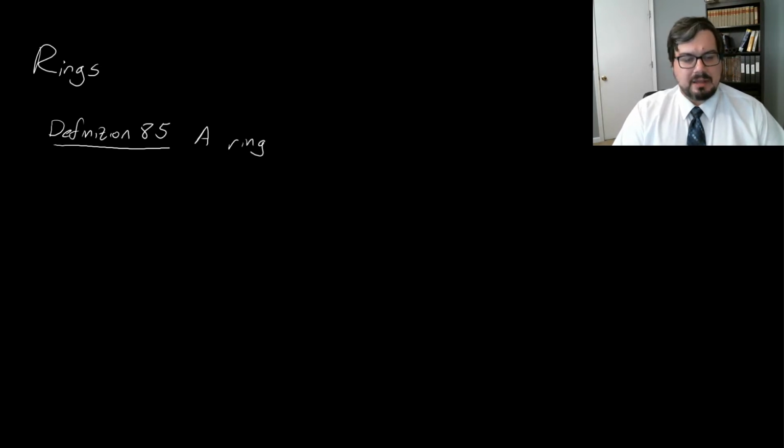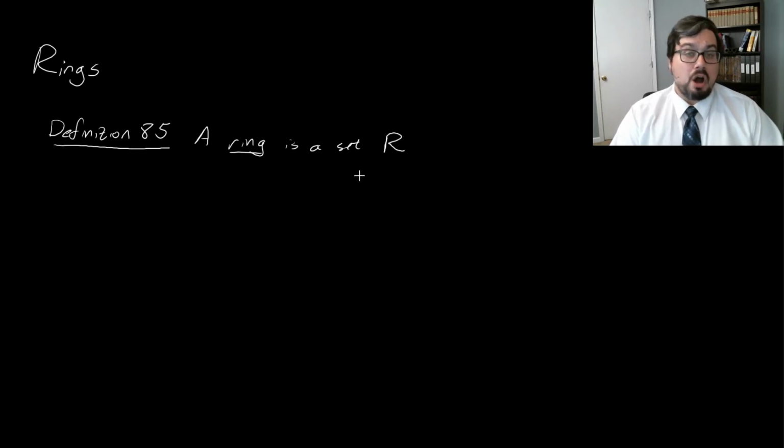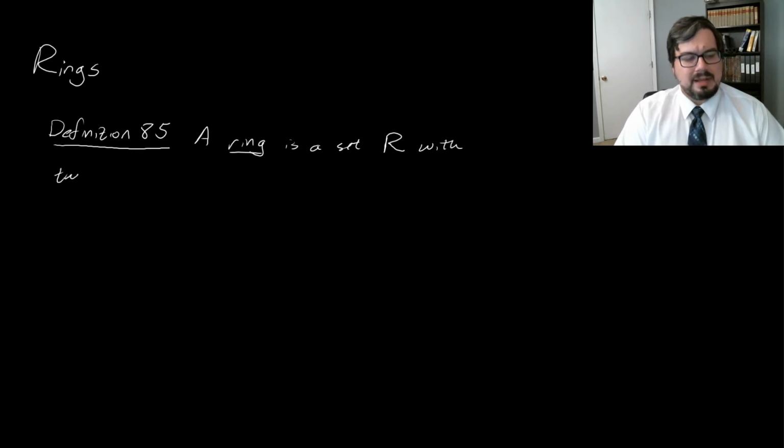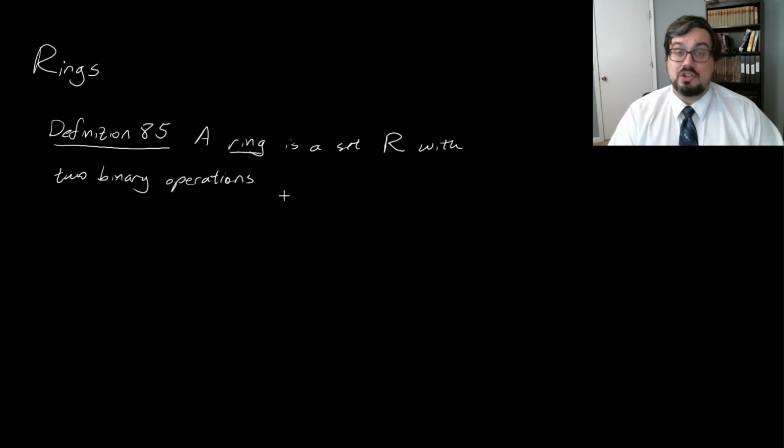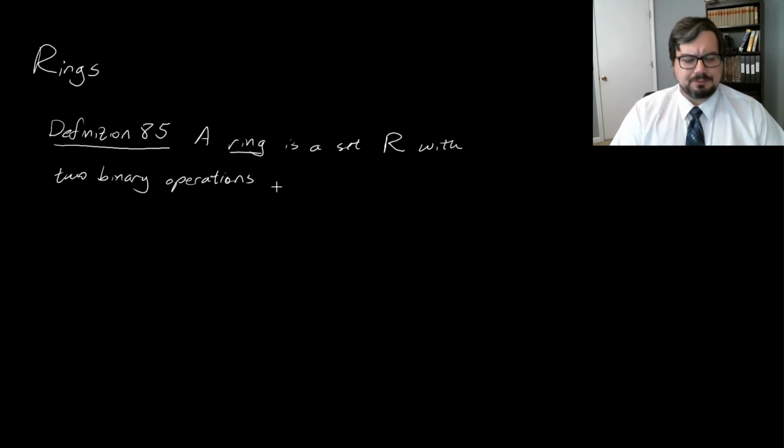A ring is a set R. We often use an uppercase R, S, and T for rings. A ring is a set R with two binary operations, binary here meaning that each operation takes two inputs.